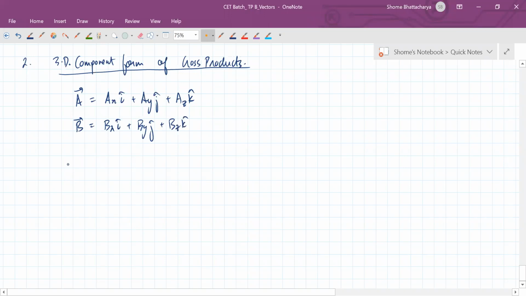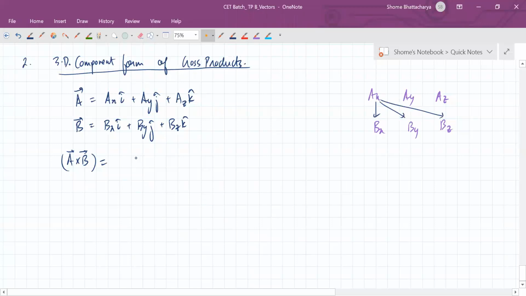Okay. So when we take the cross product, we will see that we get a whole lot of terms. Basically it is like ax, ay, az, and bx, by, bz. So we get the cross product of this with this, then this with this, then this with this.